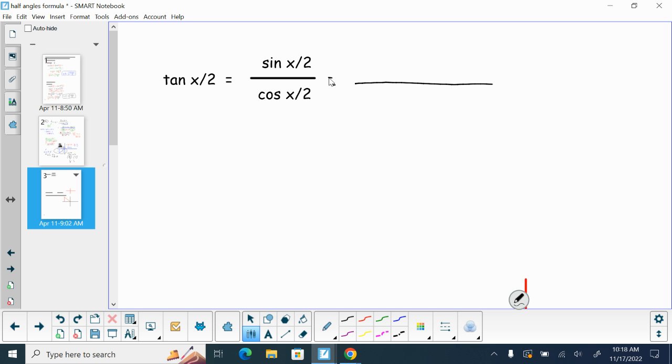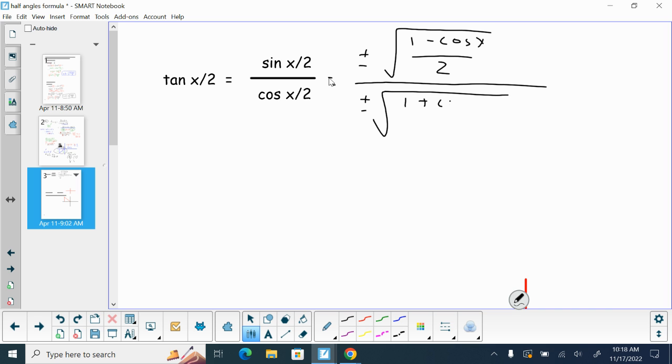So what we have here is plus minus square root of 1 minus cosine of x divided by 2, over plus minus square root of 1 plus cosine of x divided by 2. And oh my gosh, does that look ugly.